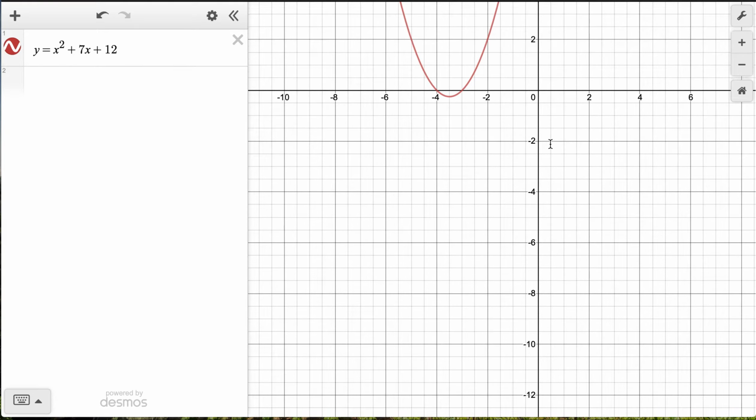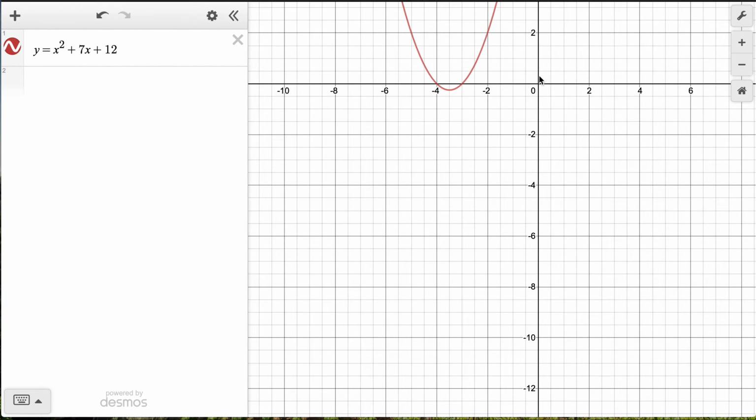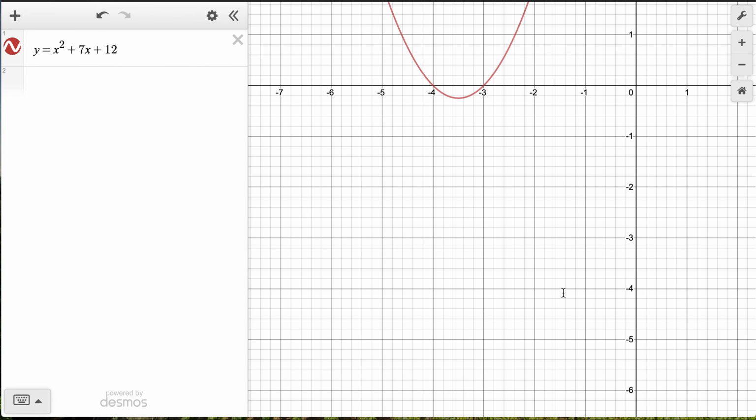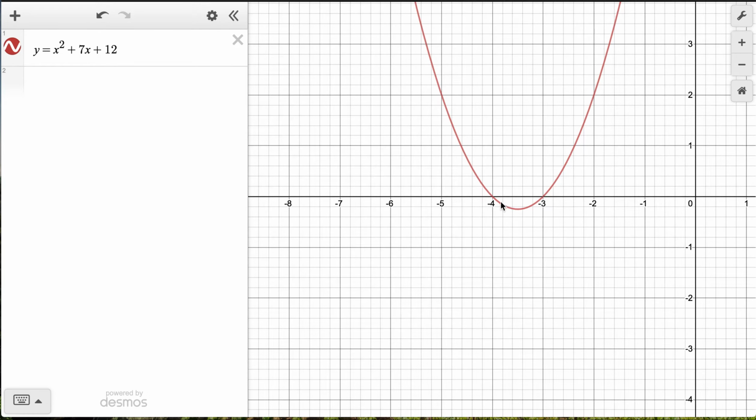So I come back down the y-axis to 0, go across, and look to see what x values I have. Let me zoom in a little bit so you can see it clearer. And here they are, -3 and -4.